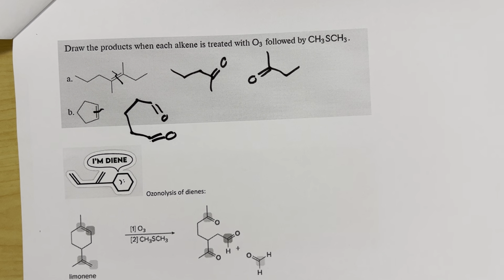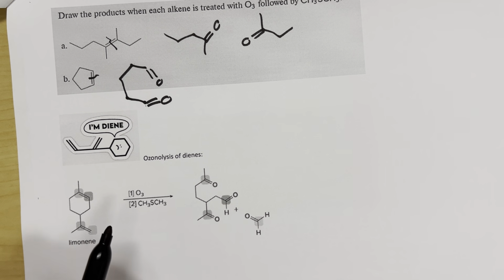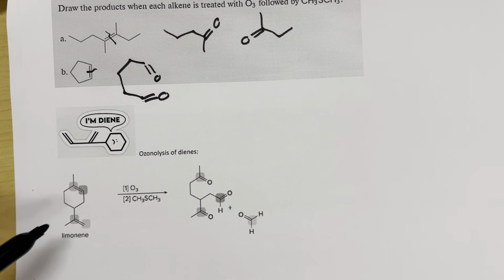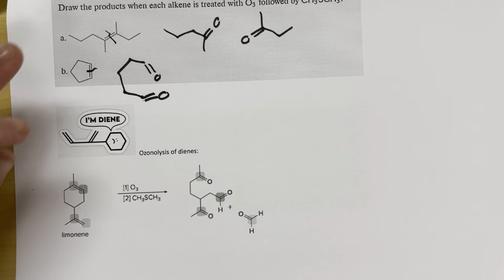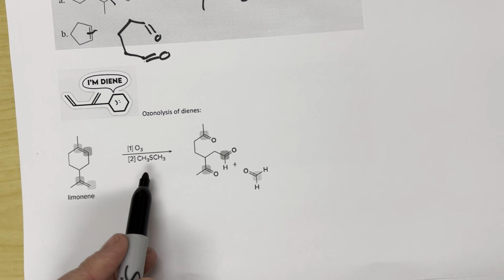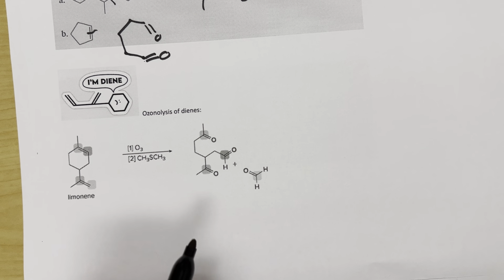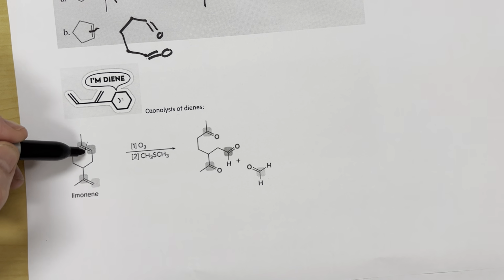A meme I've been wanting to use all semester but didn't: what we're about to encounter are called dienes. So anytime you have 2 enes, or 2 double bonds inside a molecule, it's called a diene. So here we have limonene, which is really common, a smell used in cleaning products. It's the lemon smell you get in certain Pledges, etc. Anyways, you can start by adding ozone, follow it up with dimethyl sulfide, or you could use the zinc as well, and every time there's a double bond, you're going to add an oxygen to it.